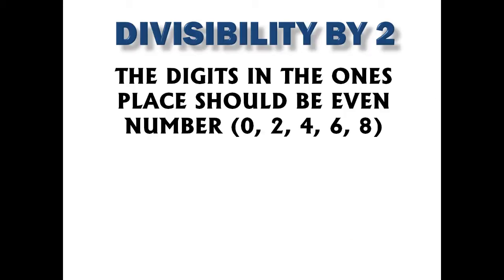So let us start with the divisibility rule for 2. For a number to be divisible by 2, the digit in the ones place should be an even number. Even number means 0, 2, 4, 6 and 8. So these should be the digits at ones place of that number.